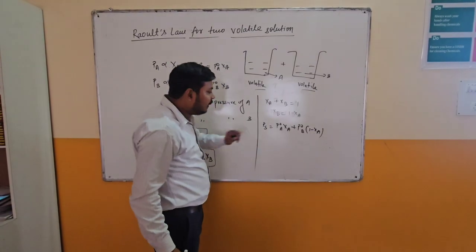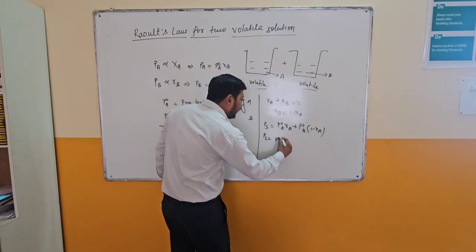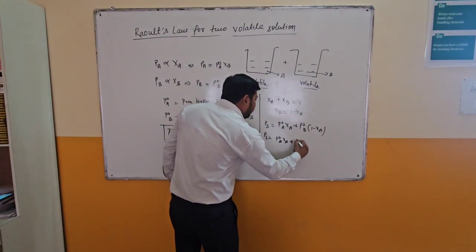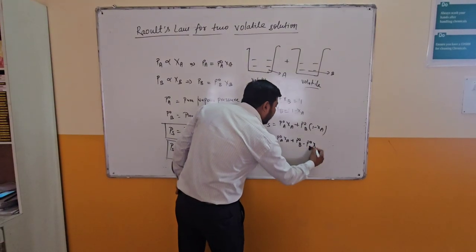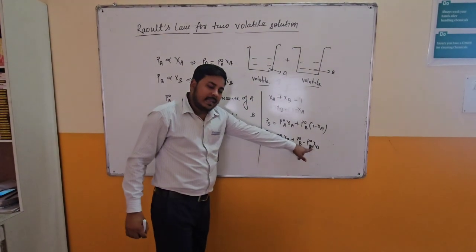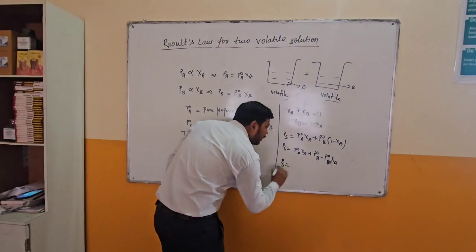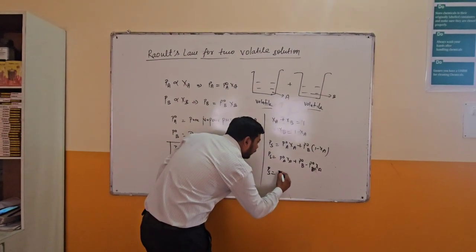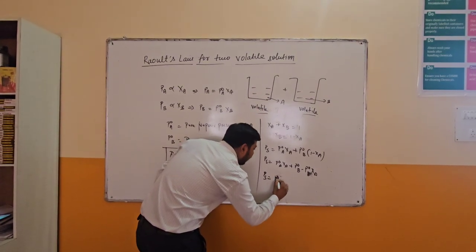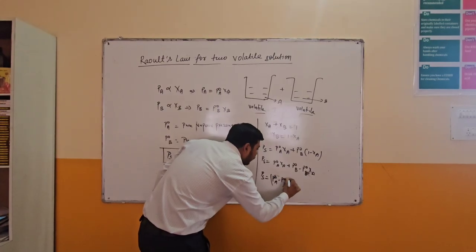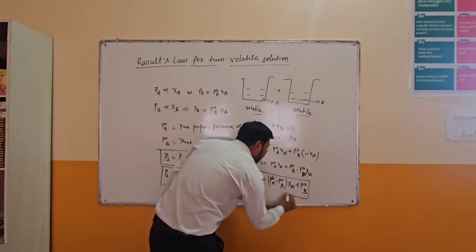Solving this equation, PS is equal to P naught A into XA plus P naught B minus P naught B into XA. Here XA is common in both terms. Then the pressure of solution is equal to P naught A minus P naught B, close the bracket, XA, plus P naught B. This is the final equation.